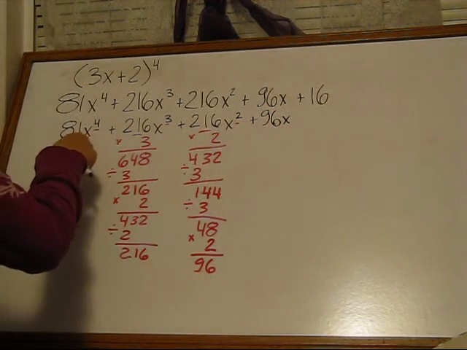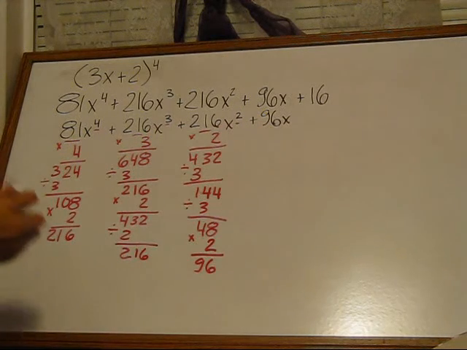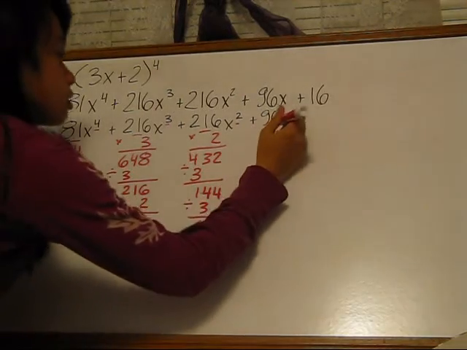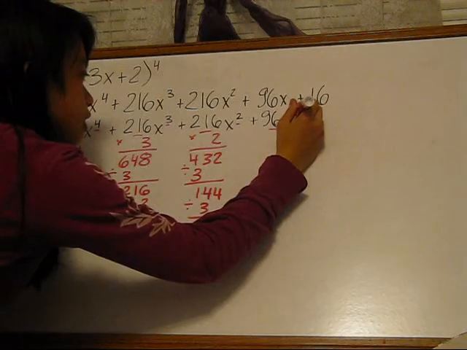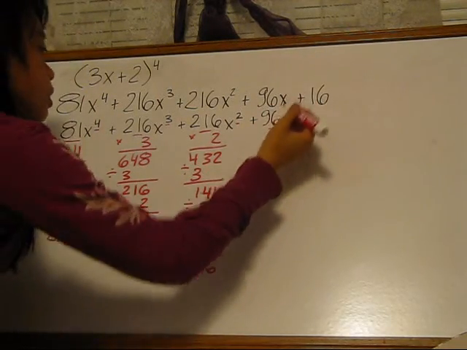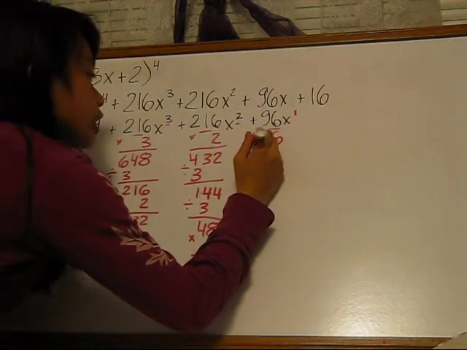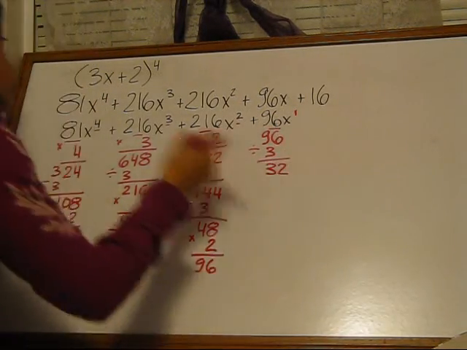And as you can see, the exponents for each of these variables keep going down by 1 as always. Then you do the same thing over again. So 96 multiplied by, there's 1 here. So 96 multiplied by 1 is still 96. Divide by 3. That would equal 32.